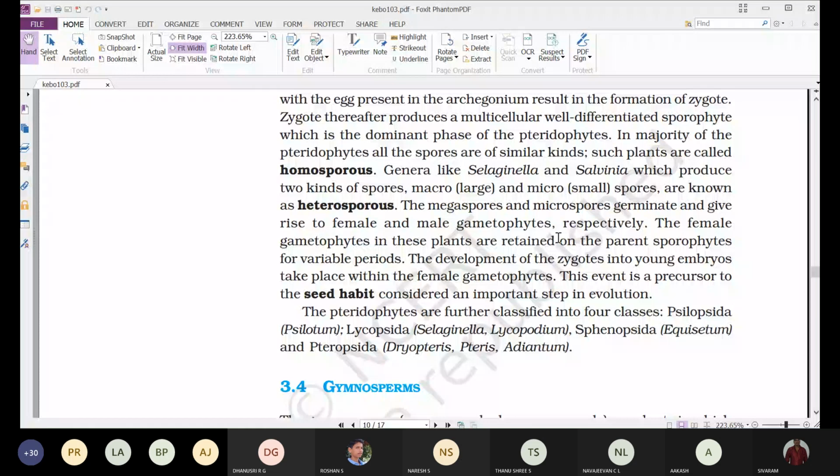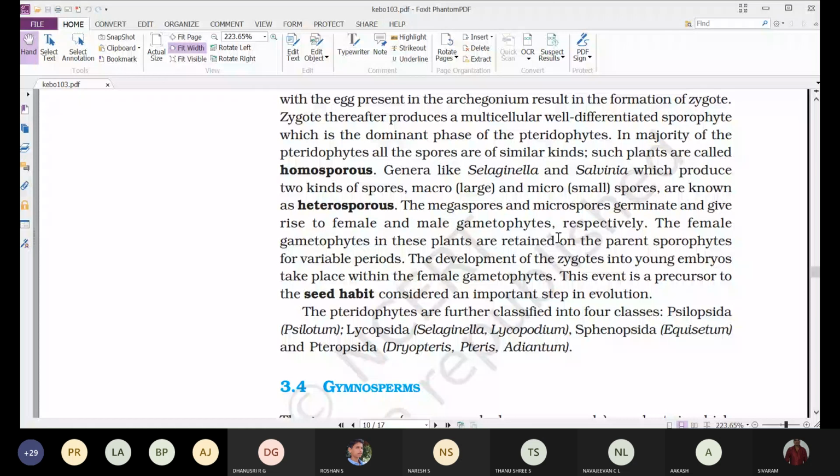The fertilization takes place inside the archegonium and results in the formation of a zygote. This zygote will not directly develop into a sporophyte. In between, we will find an embryo-like structure. The development of zygote into embryo takes place within the female gametophyte.